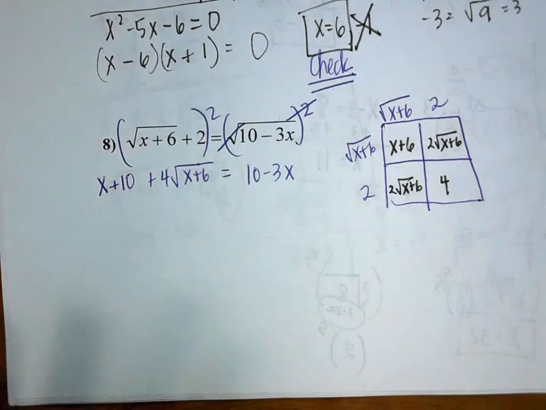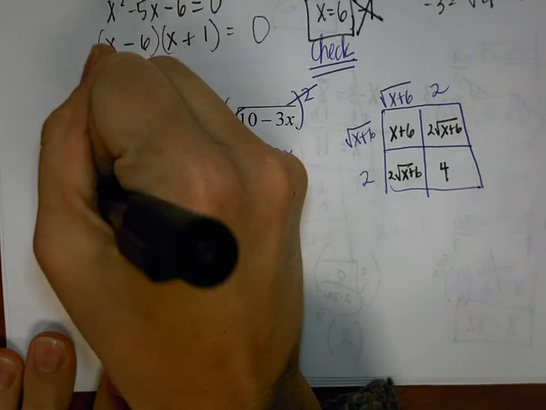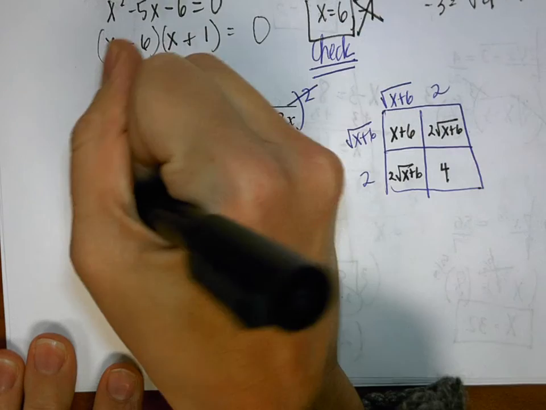Okay. Who thinks they know what our next step here is going to be? What you're going to want to do now is try to get that root by itself again. So we're going to subtract the x and subtract the 10 to start with. So I subtract x and I subtract 10.